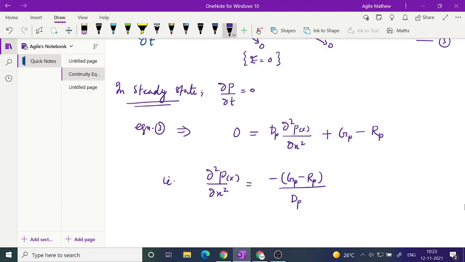Now, gp minus rp is something we discussed yesterday.